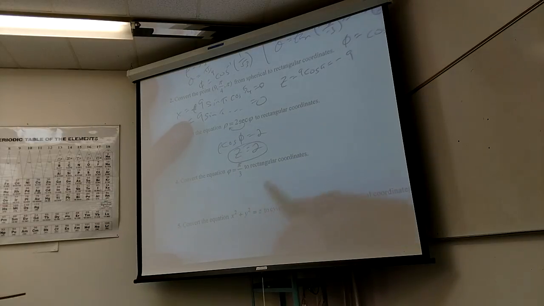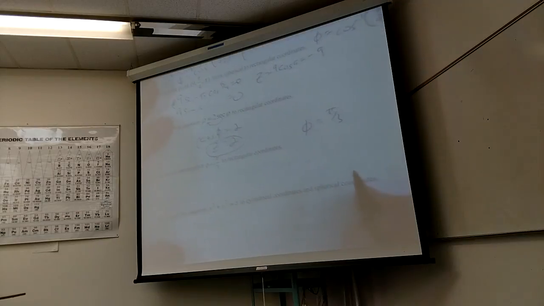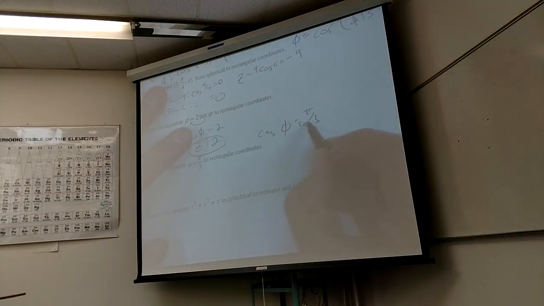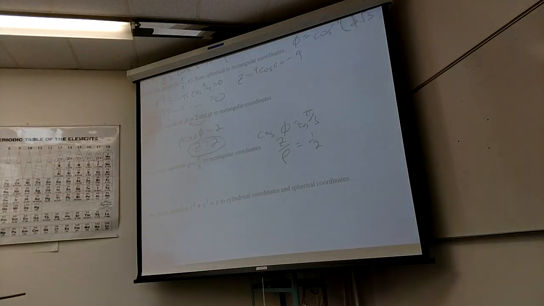So if I take the what of both sides, that's a good first start. Yeah, take the cosine of both sides. So I get, and cosine phi is going to be what? Z over rho. And cosine of pi over 3? 1/2. I like it.